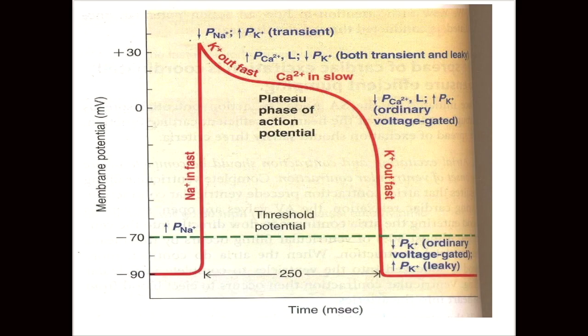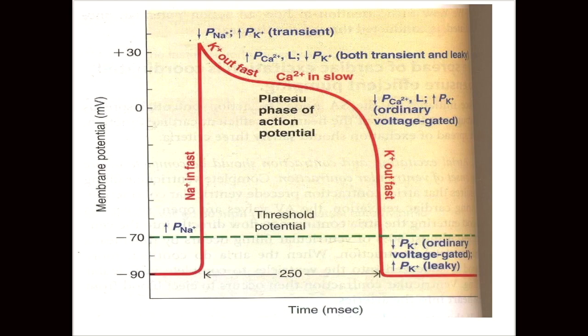So see my dear, this figure again is just explaining the role of ion channels in the contractile cells. You see, the fast sodium ion channels depolarize the cell, giving it a spike, right?